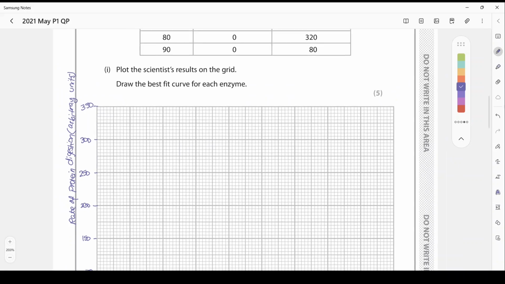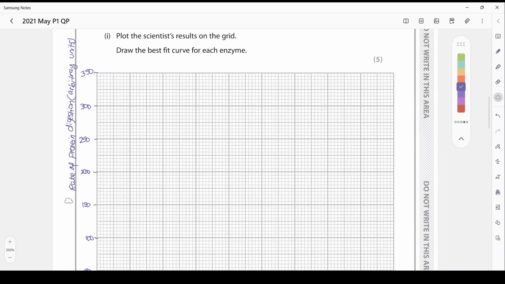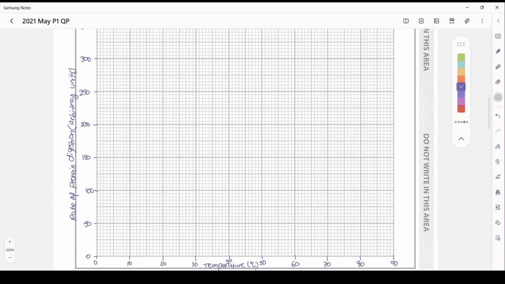Okay, ideally you would have this positioned in the middle. Yep, so it looks a lot neater and within the gray border that they give you.